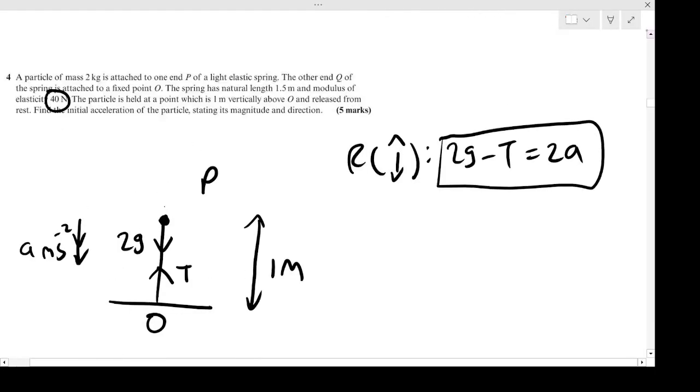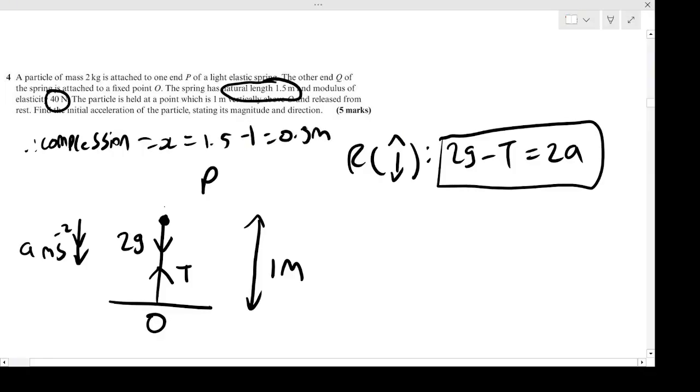Now, the natural length is 1.5, but as we can see, it goes down to 1, the length of the string, which means the compression, which is x, is going to be 1.5 take away 1, which is 0.5. So that's how much the spring has been compressed by.